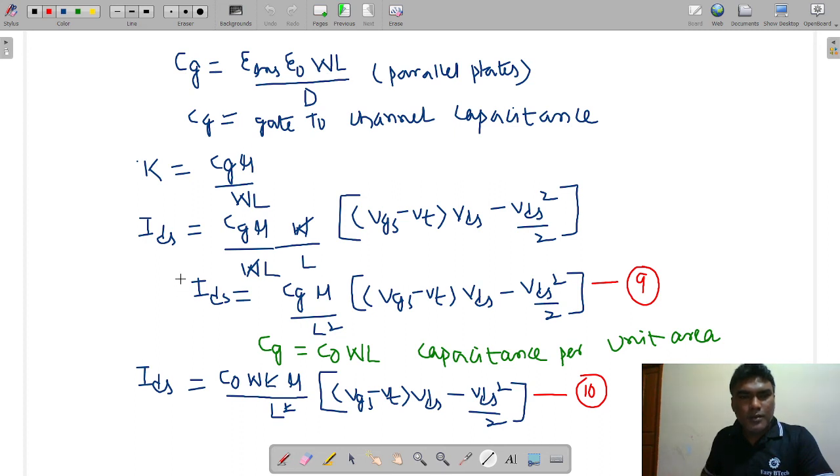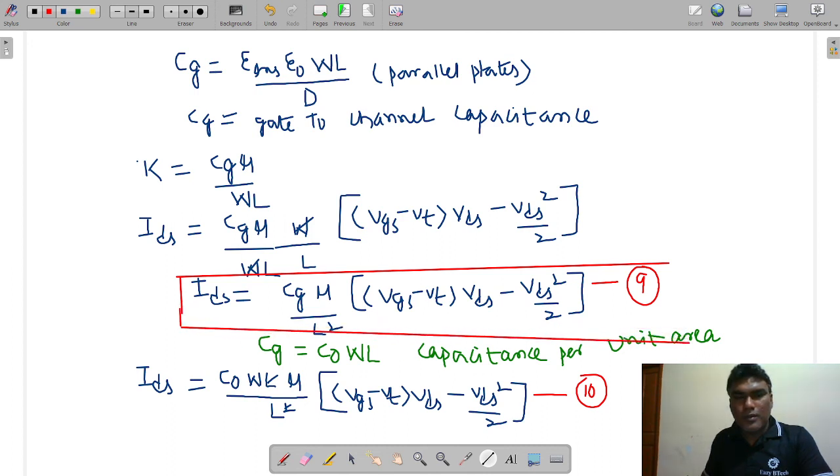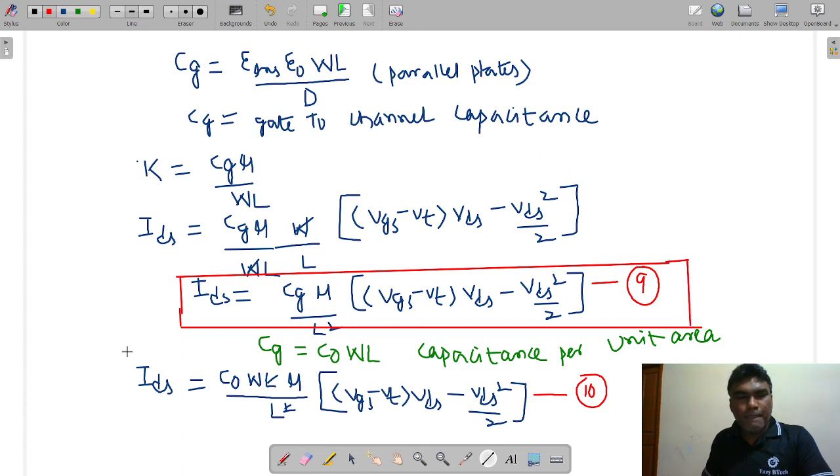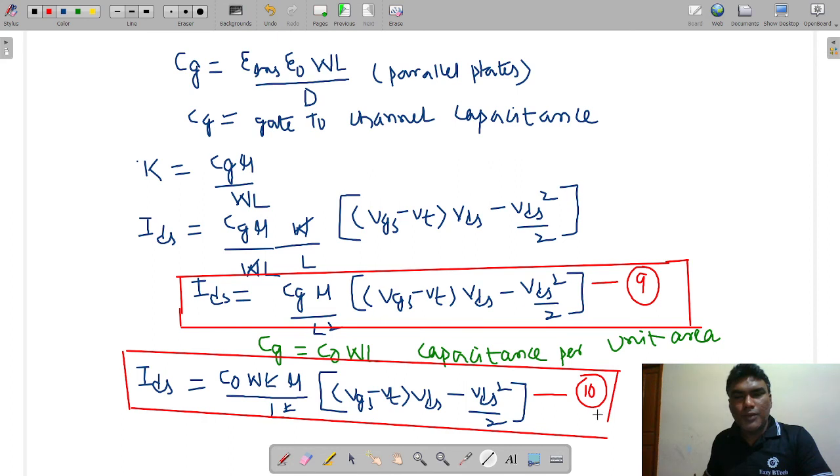You can take this value in terms of CG. Keep it in a box, and this one. So K into W by L, VGS minus VT into VDS minus VDS whole square by 2, in terms of gate to channel and gate capacitance per unit area.